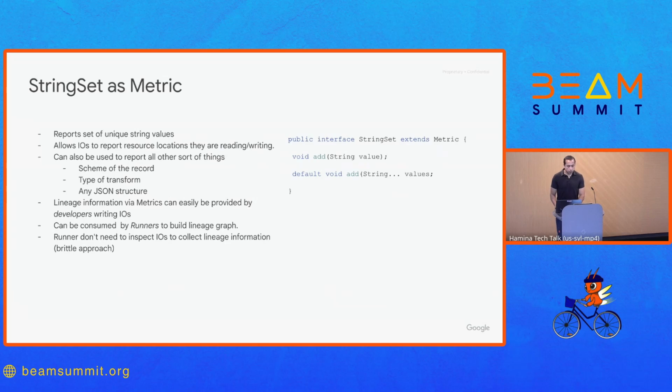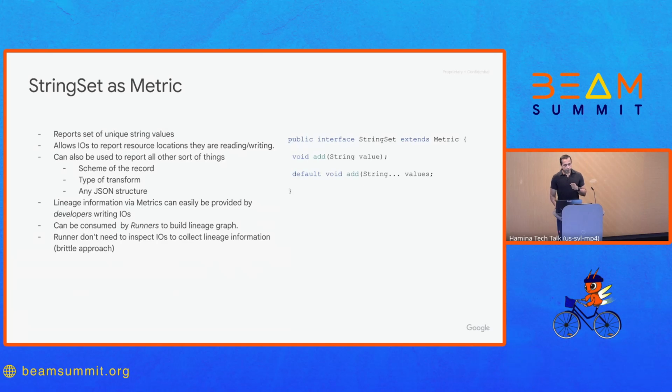And lineage information via metric can easily be provided by any of the IOs. Any developer who is writing a new IO can emit that string set metric and record the lineage, as in the sources and sinks they are reading or writing to. And then the system and the runners can consume it to build this lineage graph of data which is being read and written to.